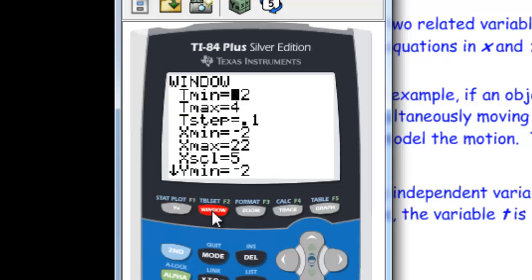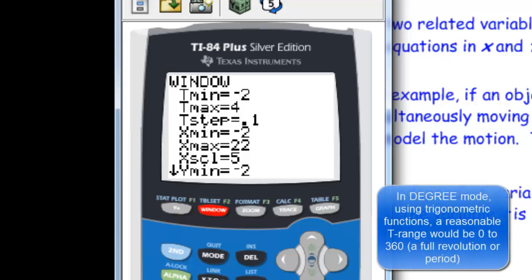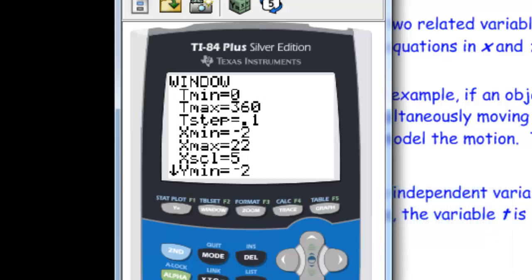We're going to be using some trigonometric functions. So for our t values, we want to make sure that we incorporate all the possible values of a trigonometric function. So we're going to go from 0 to 360 degrees. And we'll use a t-step of 5 degrees. That will allow us to get a smooth curve without taking too long to generate any information.